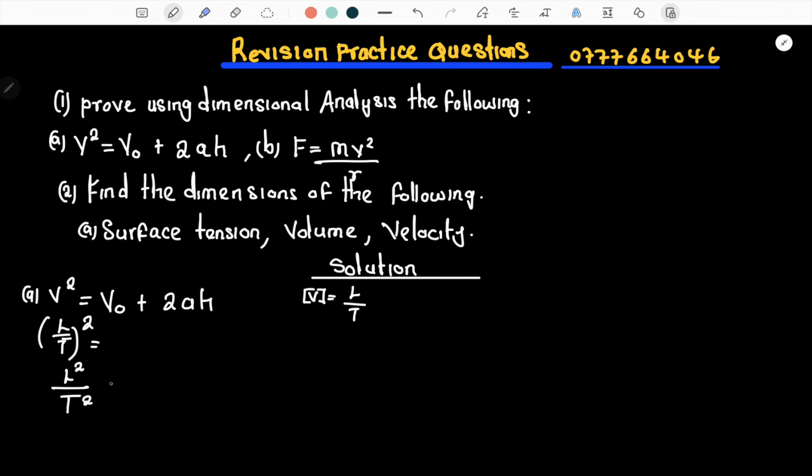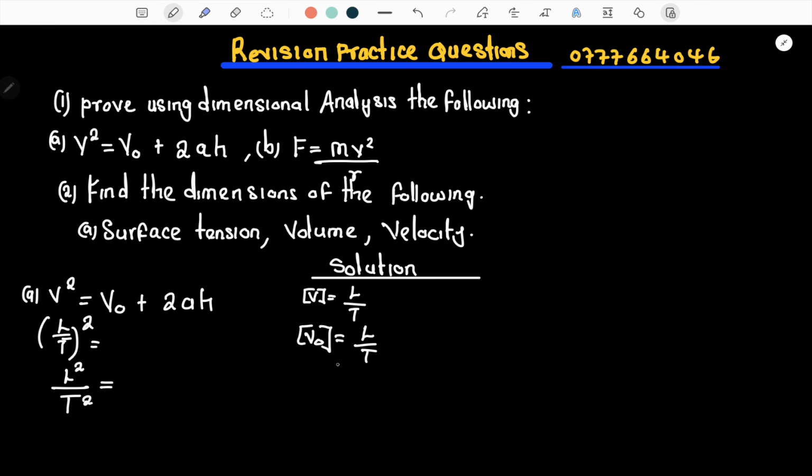And then we go to the other side. What are the dimensions of velocity initial? The dimensions of velocity initial is simply L over t.